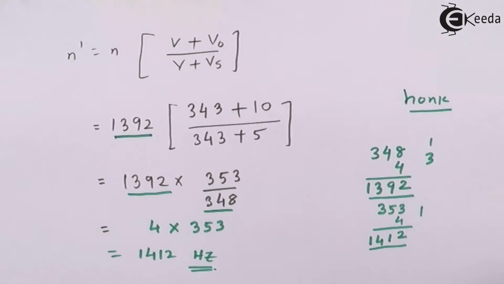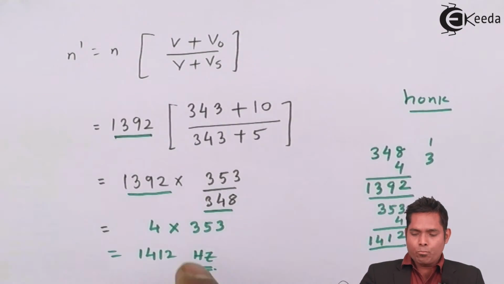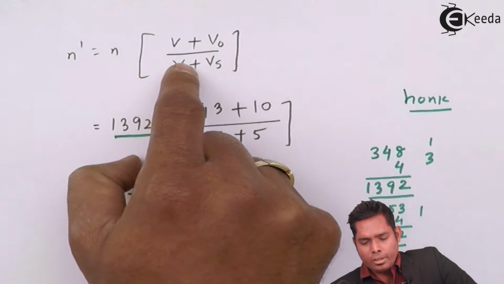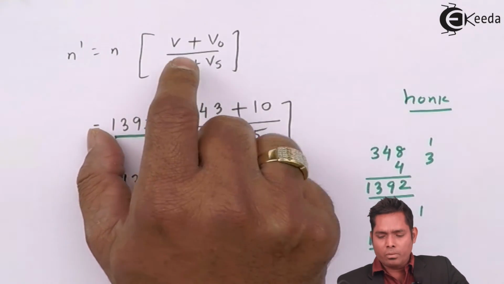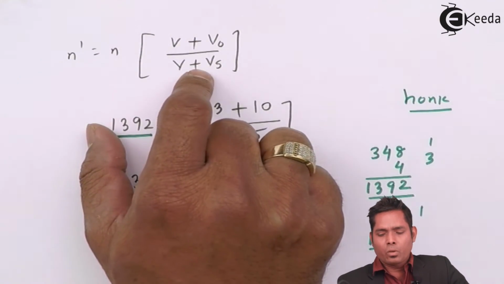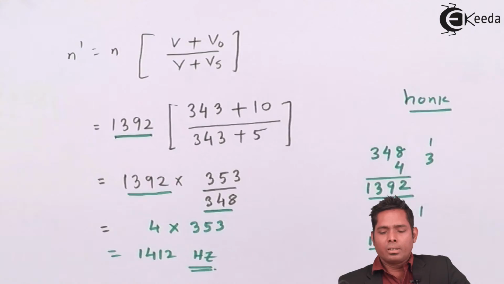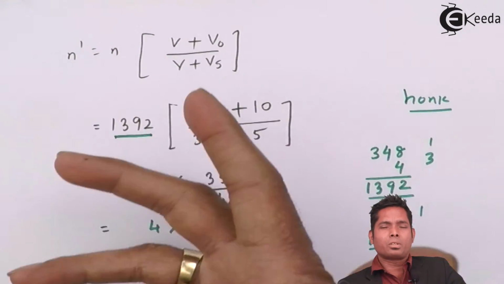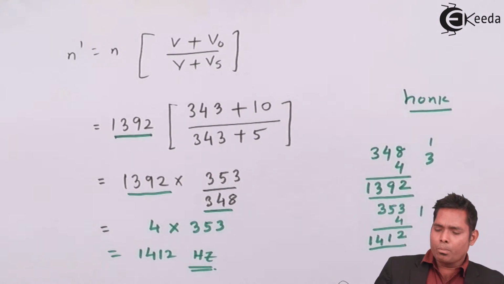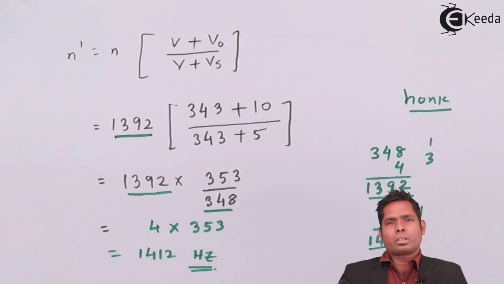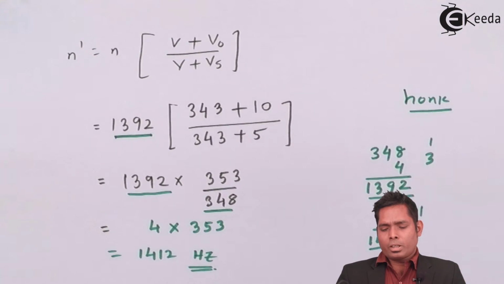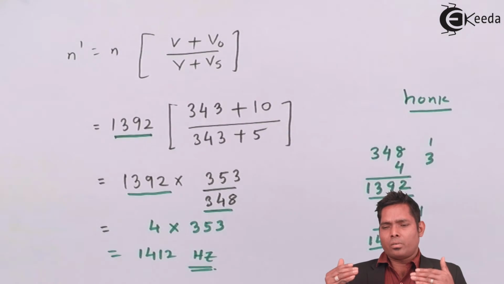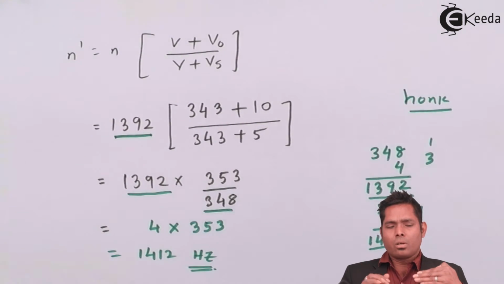Basically the idea is that you have to use this formula. Generally in textbooks they always give this plus this minus, or this minus this plus, but it is not necessary that if one of them is positive then the other should be negative. Both can be positive and both can also be negative, if you reverse the directions of the source and observer.